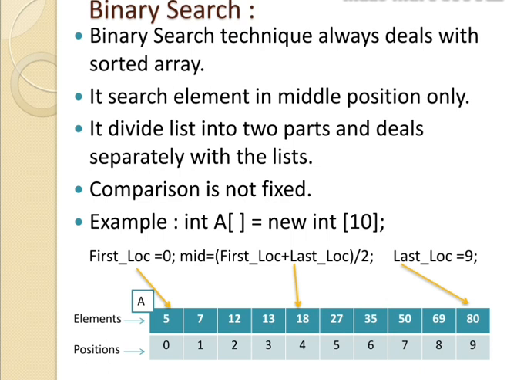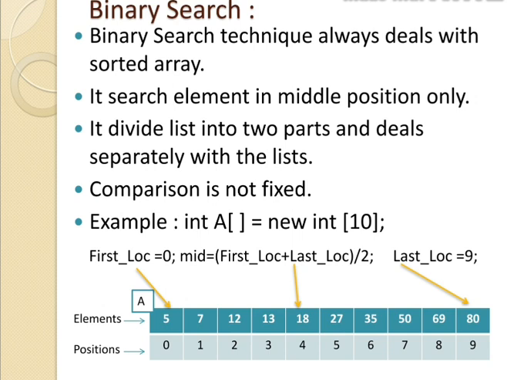Then see, it searches for the element in the middle position only. Previously, linear search compared the element with each and every element of the array. But in case of binary search, it never matches each and every element. Binary search always matches the middle element. Means how are we getting the middle element?